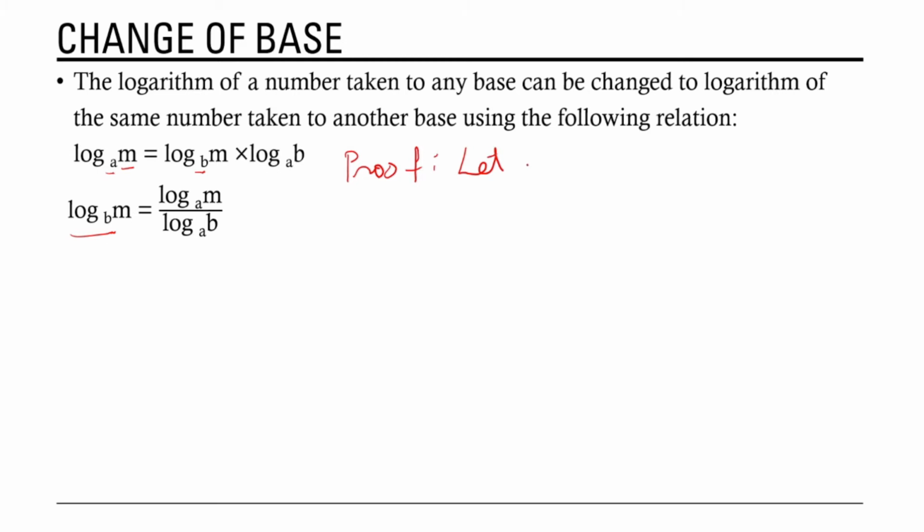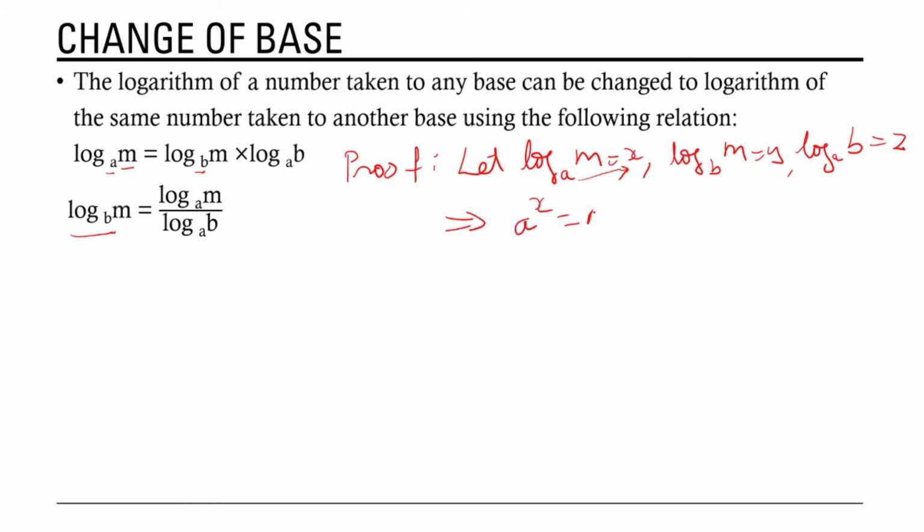Taking log m to the base a is equal to x, log m to the base b is equal to y, and log b to the base a is equal to z. So, this implies a raised to x is equal to m, and b raised to y is equal to m, and a raised to z is equal to b.